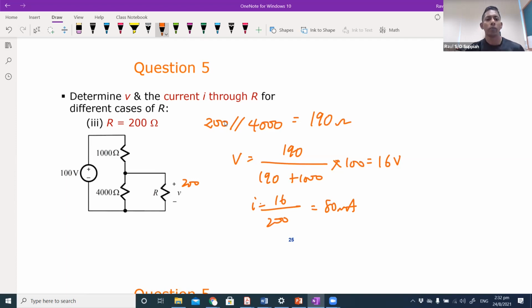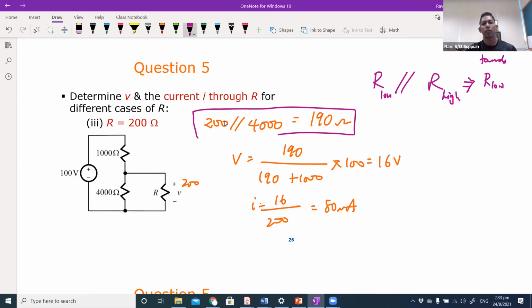One thing you would have observed, either through the experiments and so on, is that whenever you have two resistors in parallel, if one resistor has a low value and the other has a high value, the effective resistance will go towards the low. You can see here as an example: when I have 200 parallel with 4,000, the effective resistance goes closer to the lower resistance value.